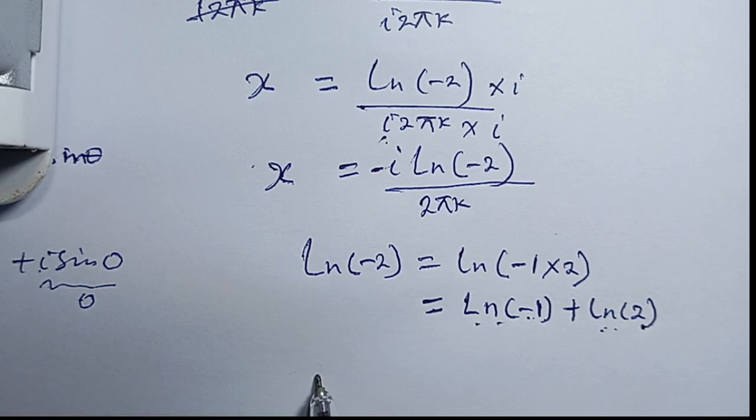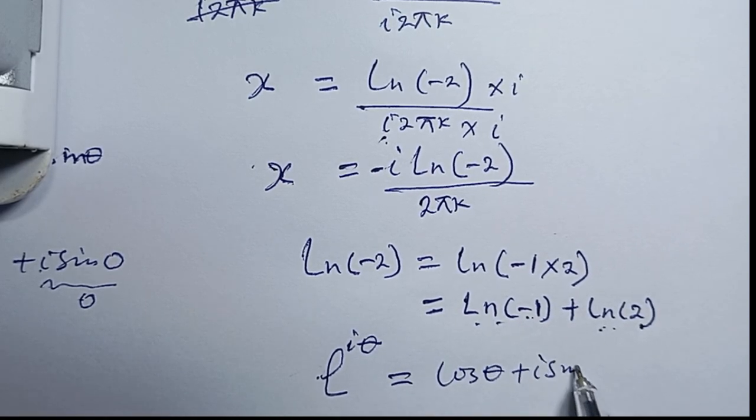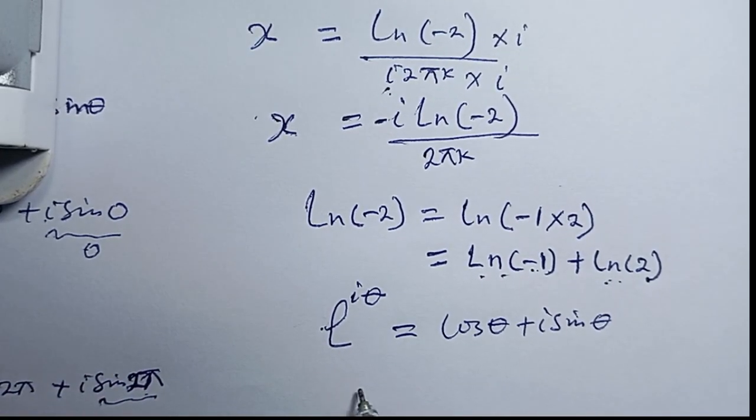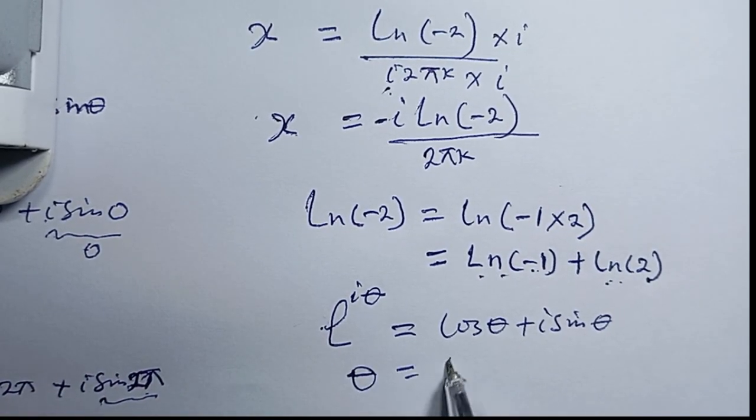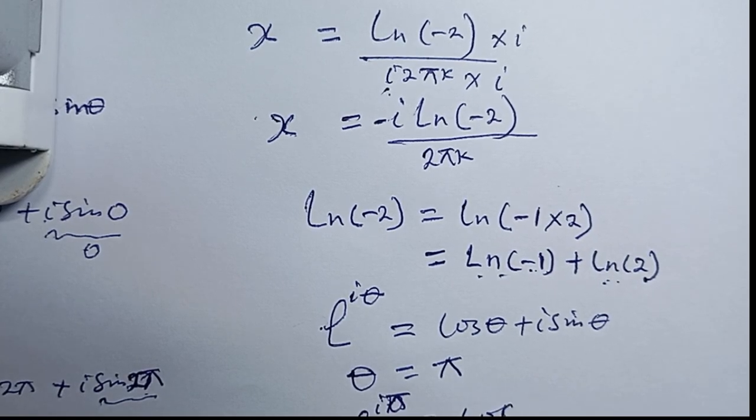Okay, so in order for us to get an expression for negative 1, we just need to consider the polar exponential equation we looked at earlier on, which is e to the i theta, which we define as cos theta plus i sine theta. Then you notice that when we substitute theta to be equal to pi, this exponential equation is actually going to change to negative 1.